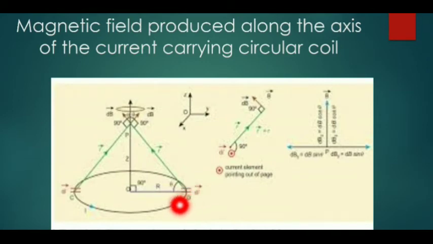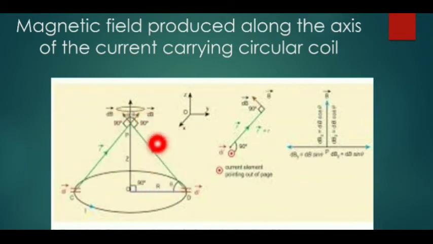This circular coil is carrying current. I'm considering a point P at distance r from the element. This is the dl element. Both are perpendicular, 90 degrees, and here also 90 degrees.